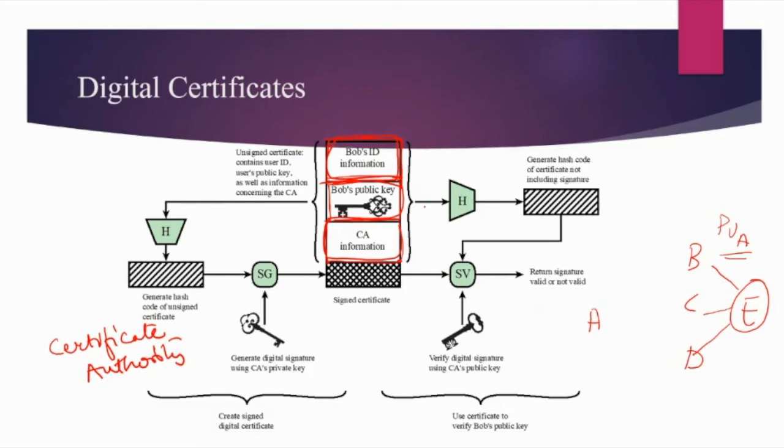All these three things are signed by the certificate authority, and this entire thing is known as a digital certificate. Now a user can present his or her public key to the authority in a secure manner and obtain this certificate. Now this certificate can be published.